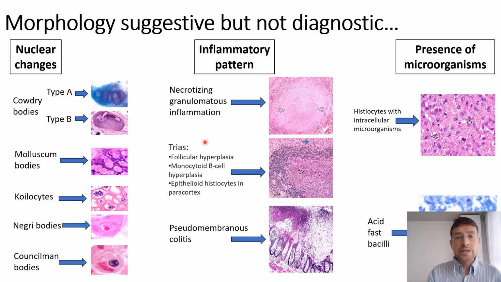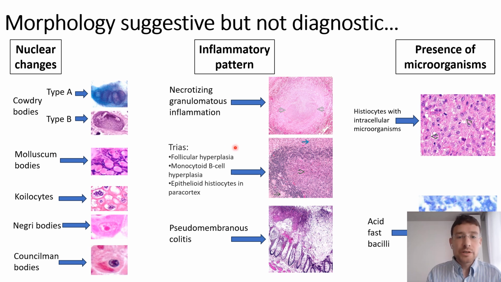Another example is when you deal with necrotizing granulomatous inflammation, which is suggestive of mycobacterial infections. You may not distinguish the mycobacterial type just relying on inflammation, or it may be consistent with another kind of inflammation. We don't know. We have to perform other techniques.